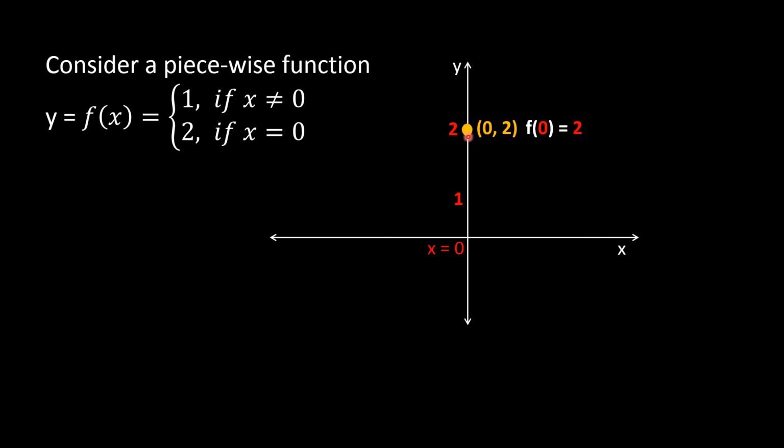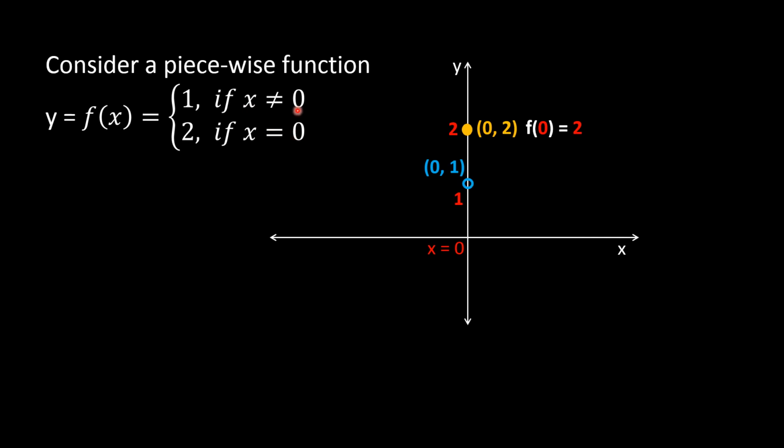Therefore, it has been shown by a solid point. Now, when x not equal to 0, y equals 1, which means that the point (0, 1) will not lie on the graph of this function. Therefore, it has been shown by a hollow point like this.